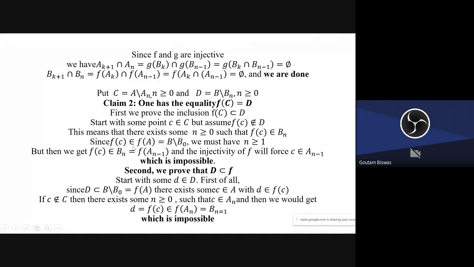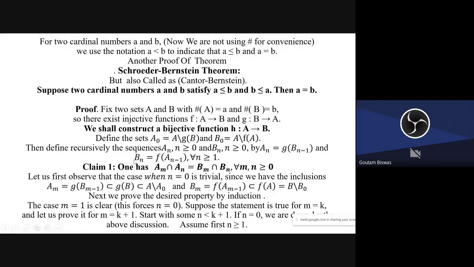Since F of c belongs to F of A, and F of A is equal to B deleted by B0, we must have n greater than or equal to 1. But then we get F of c belongs to Bn, which is F of A n minus 1 from our previous knowledge here.